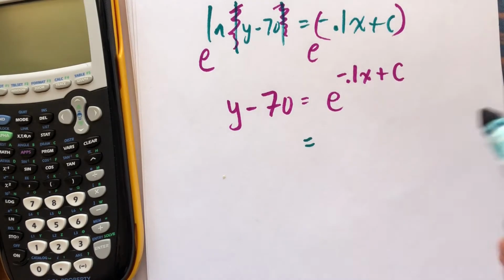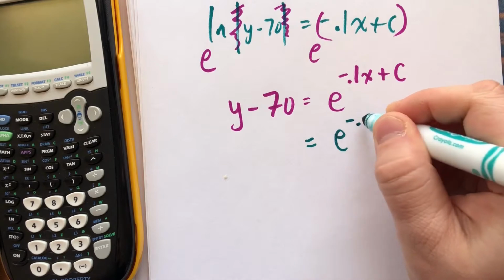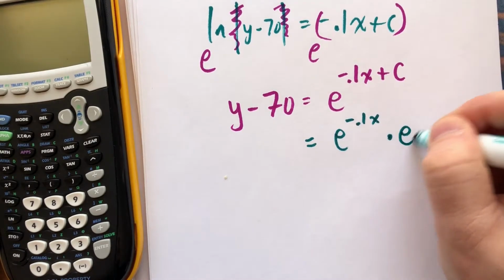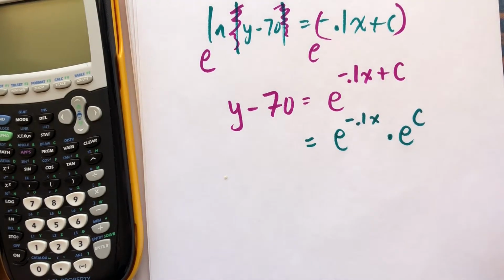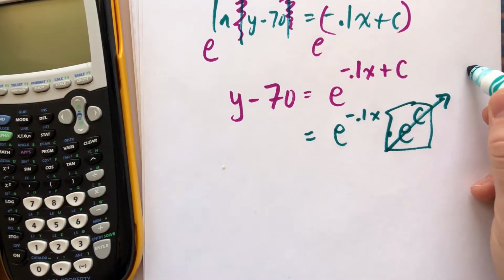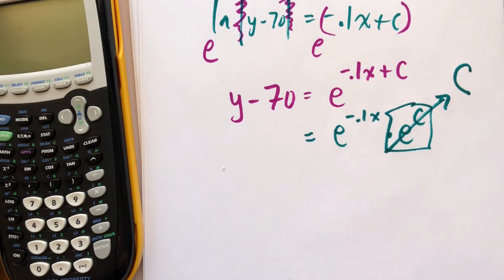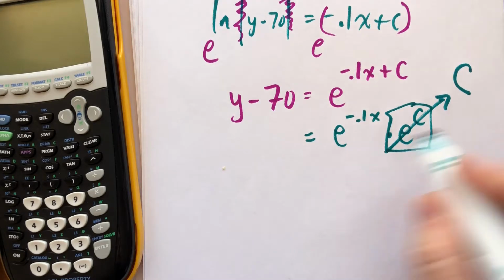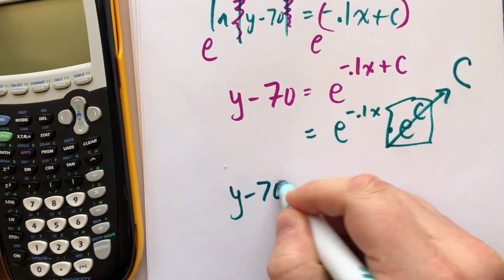What I'm going to do here is, I see this is e to a sum. I could say this is e to the negative 0.1x times e to the c, right? So e to the c is just equal to a number, so it's a new c now. It's different from the c that I was calculating earlier.